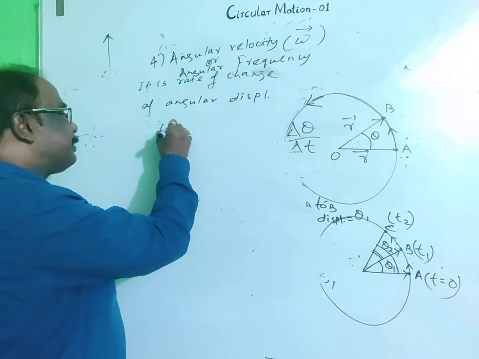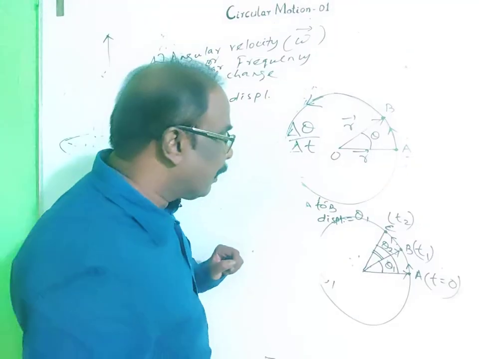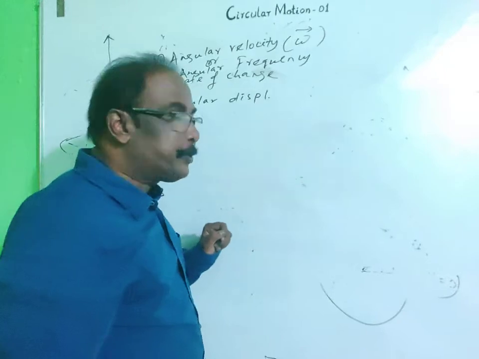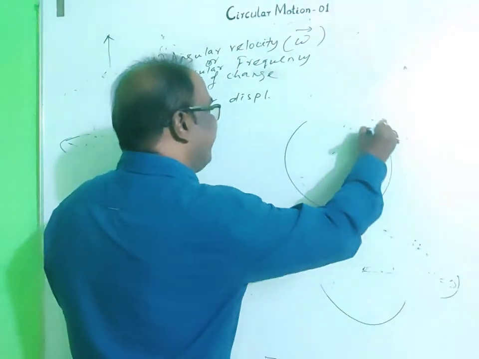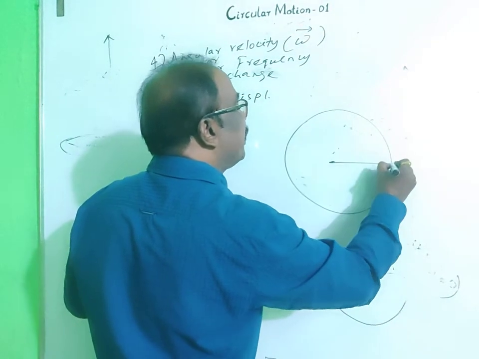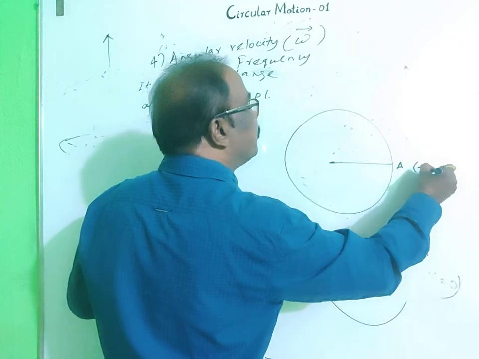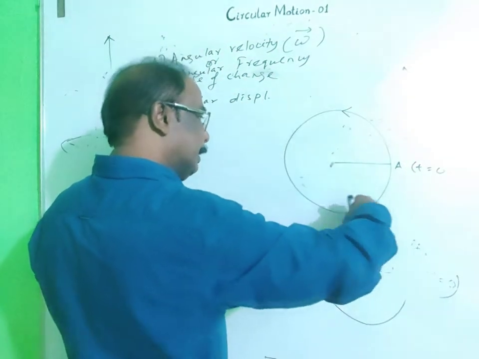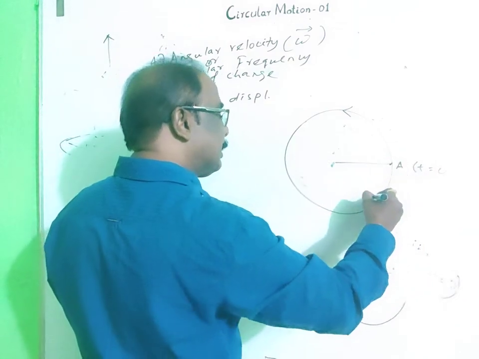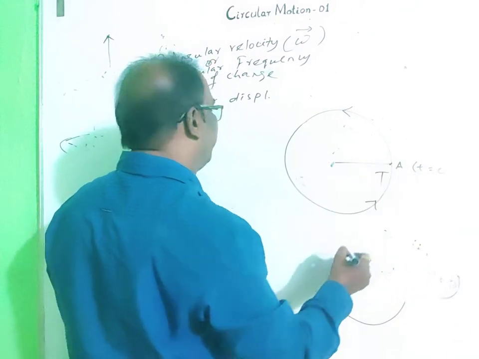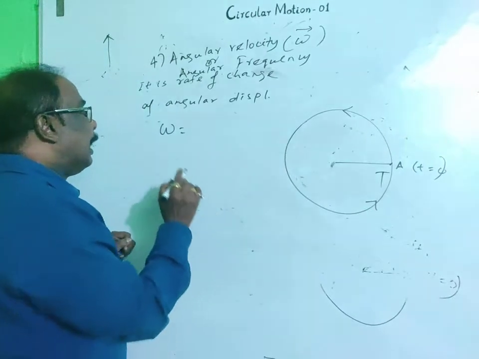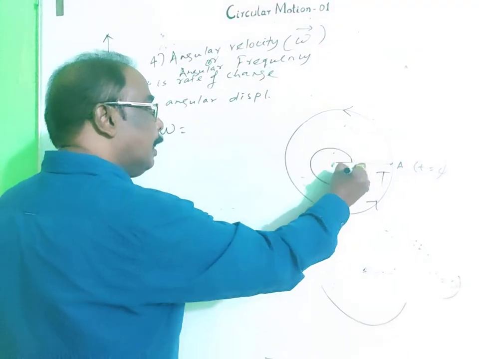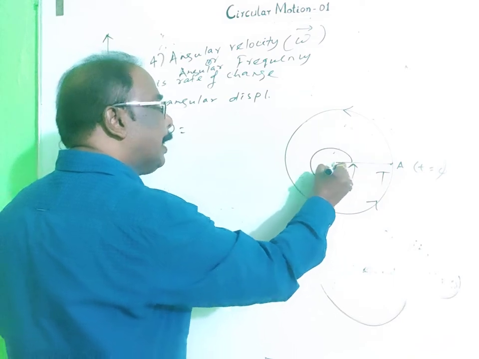Angular velocity. Suppose a particle completes one revolution. The particle starts from a point when time is 0, moves and completes one revolution, again reaches the same point, and time is T. Then the total angular displacement for one complete revolution is 2 pi.